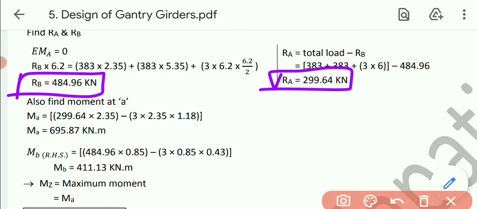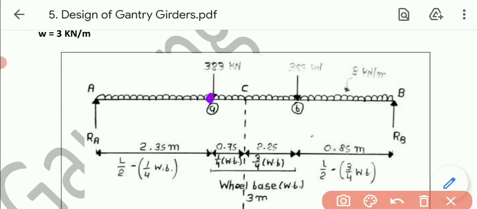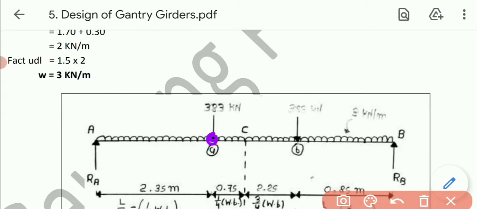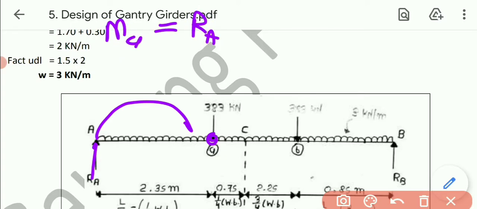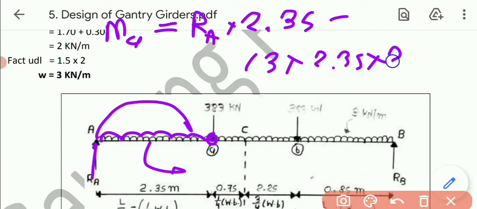Now I can take the moment at A and B, but I know that maximum bending moment will be at A only. So taking moment at A, we can say RA into 2.35 clockwise, so moment at A equals RA into 2.35, we already got the value of RA. Then this UDL's moment will be anti-clockwise, so minus 3 into 2.35 into 2.35 by 2, or 1.18 meter.